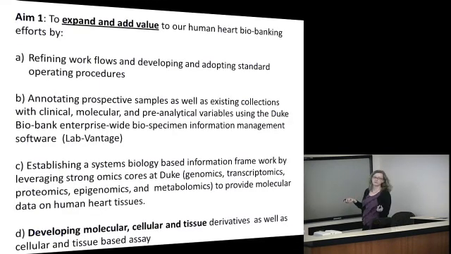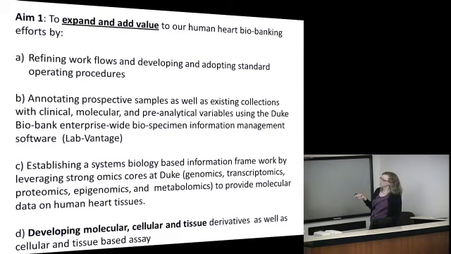So I have 3 aims, and very briefly, we want to expand and add value by doing 4 of these things. We want to better define our workflows and adopt better standard operating procedures.